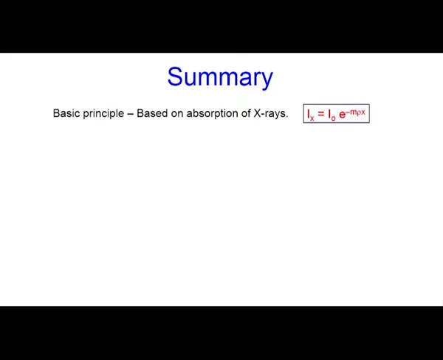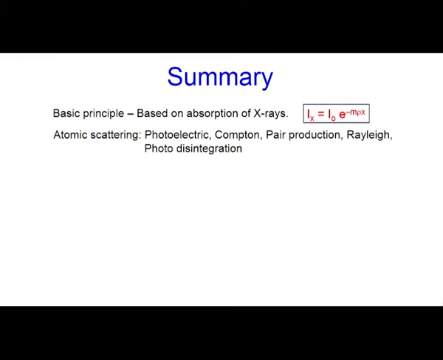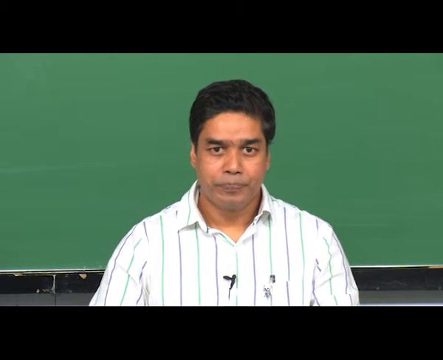And then we also saw that the absorption happens due to atomic scattering events, and we also learned about different types of atomic scattering like photoelectric, Compton, pair production, Rayleigh scattering and photo disintegration. Okay. And we have also talked about the relative contributions of each of these scattering events to radiographic method.